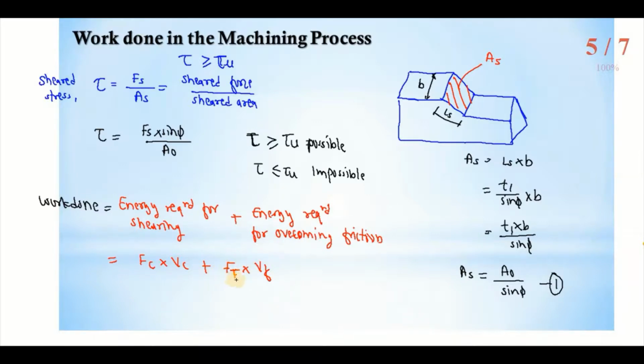Based on the feed velocity we supply, this multiplication value is very small, so we ignore it. So the work done is only Fc into Vc.